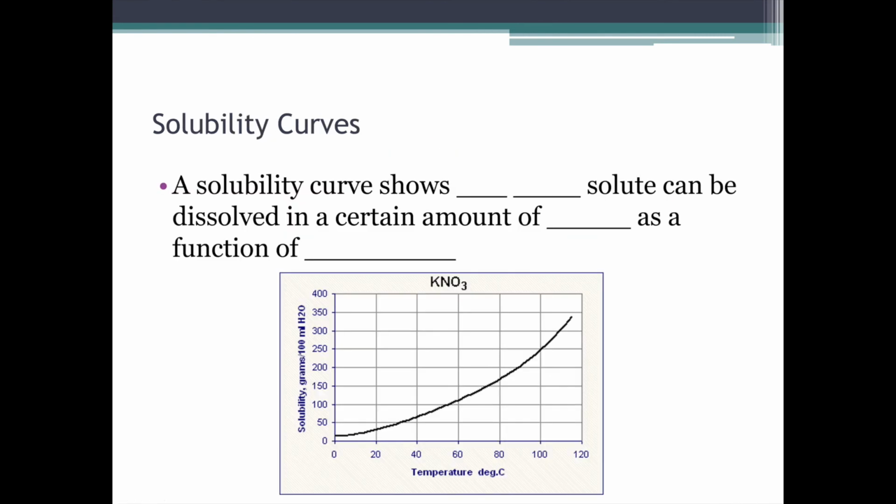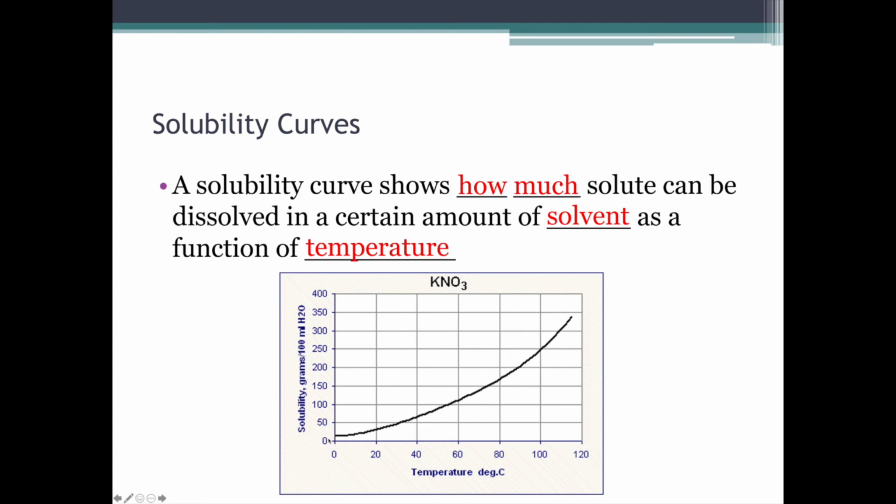Now, a solubility curve shows how much solute can be dissolved in a certain amount of solvent as a function of temperature. So you can see on my x-axis I have temperature, on my y-axis I have solubility in grams per 100 milliliters of water. So that's almost two variables, but not quite.